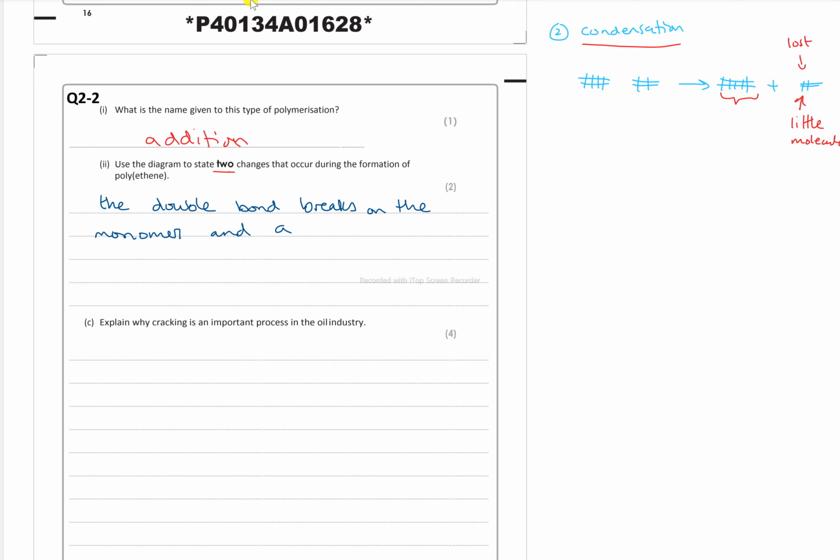Let's write it this way, probably the best way: many monomers join up to form a polymer, a long chain polymer.